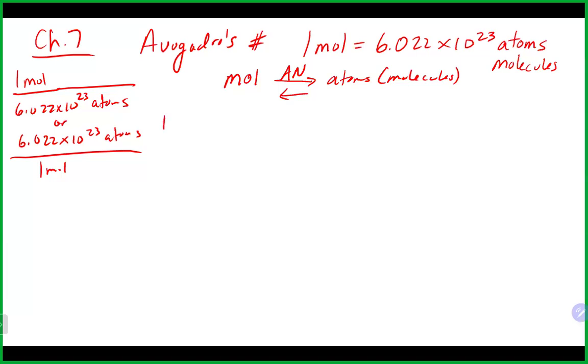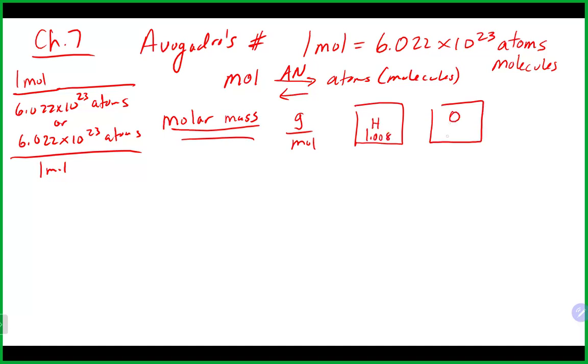Another conversion, which you'll probably use more than Avogadro's number, is molar mass. That's a really big conversion factor. The units of molar mass are grams per mole, and where we get the molar mass from is the periodic table. So for example, hydrogen 1.008, oxygen 16. It is these numbers that we see on the bottom of the symbols on the periodic table. That's the molar mass.